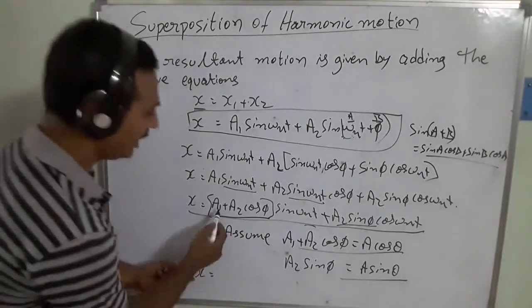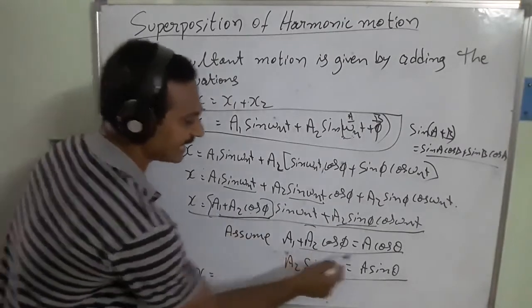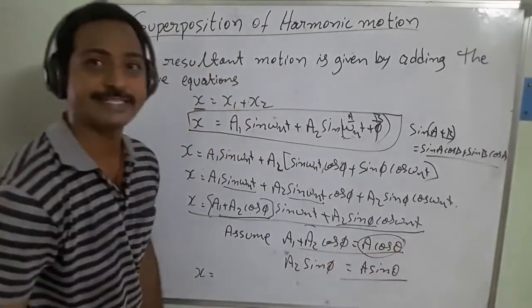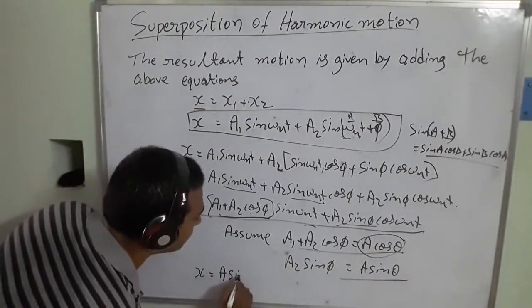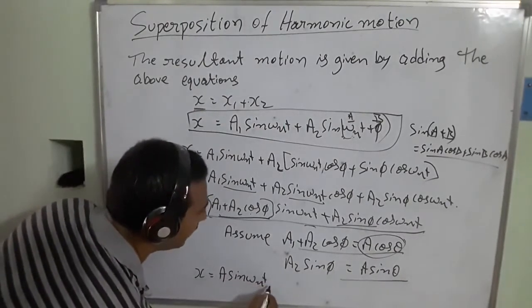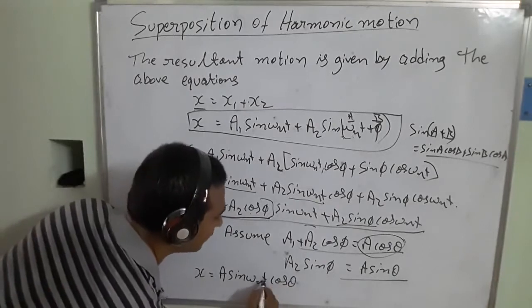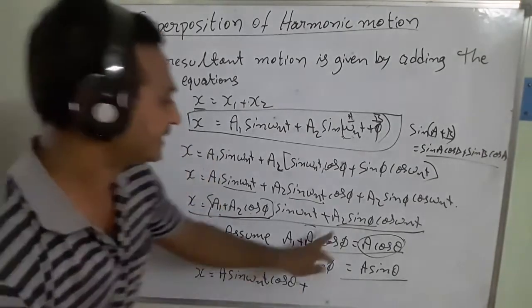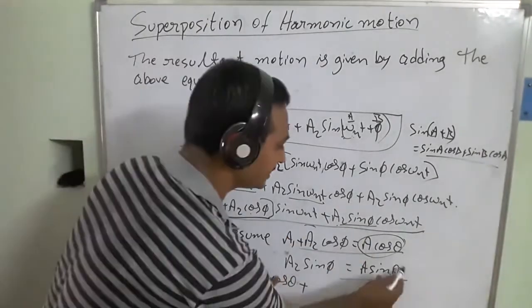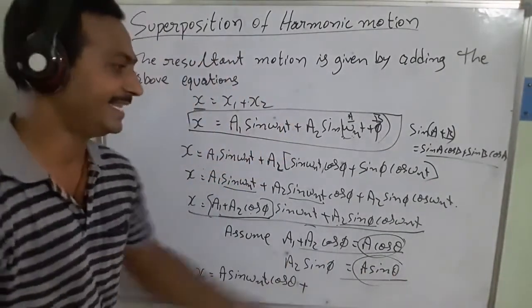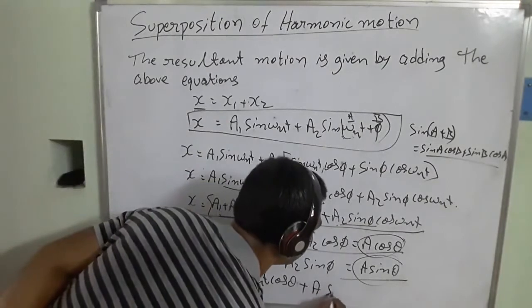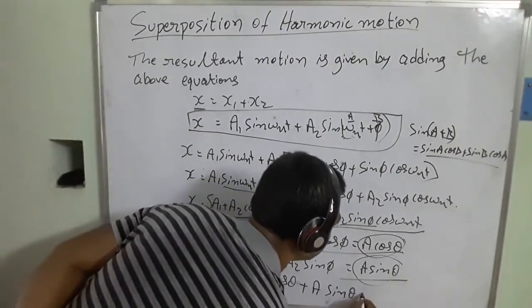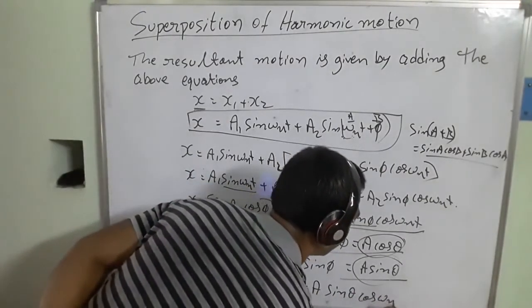x is equal to (A1 plus A2 cos π), that I am assuming is A cos θ. So I am going to write here A sin ωnt cos θ plus A2 sin π, which I am going to say is A sin θ, so I am going to write A sin θ cos ωnt.